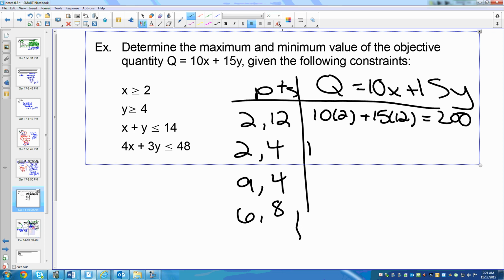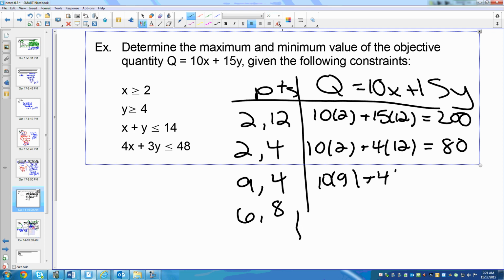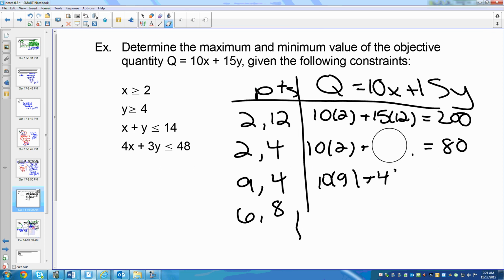Okay. 10 times 2 plus 15 times 4 equals 80. 10 times 9 plus 15 times 4 equals 150.